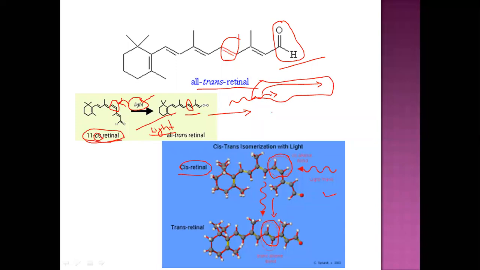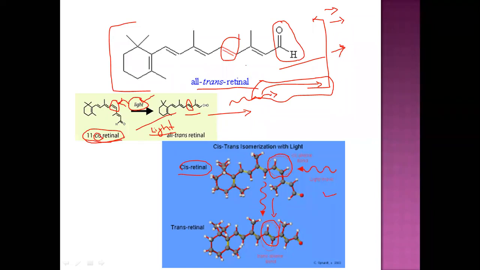So in this way, the visualization process also occurs in the presence of light, and because of that, in a dark condition, in the absence of light, you cannot see the object. Why can you not see any object in the absence of light?